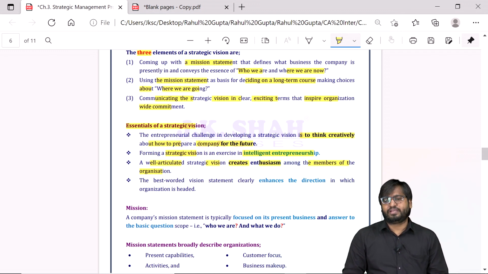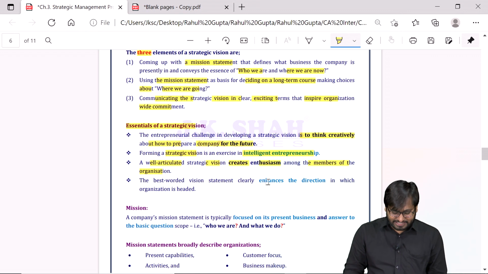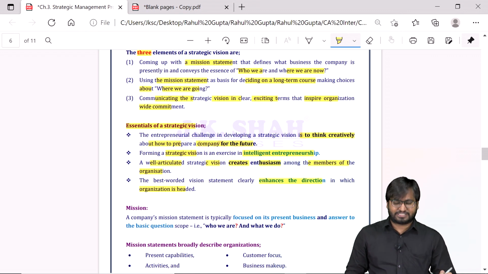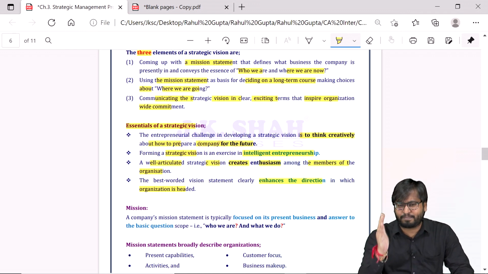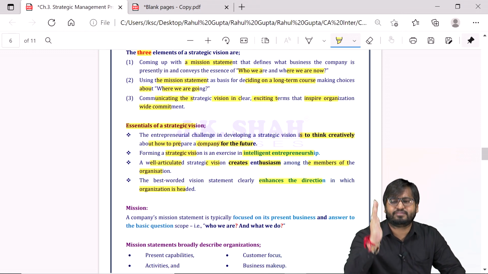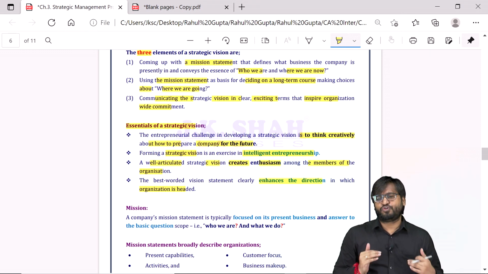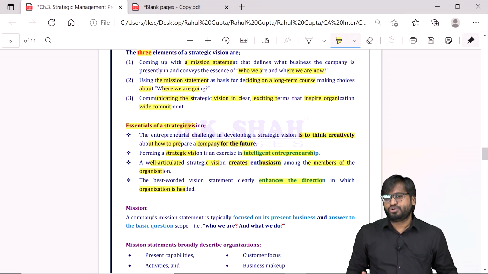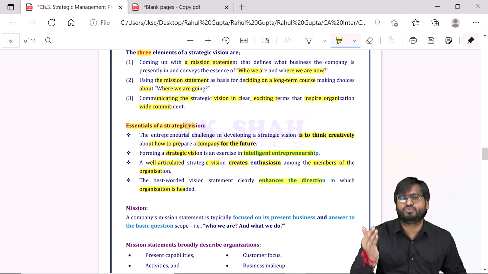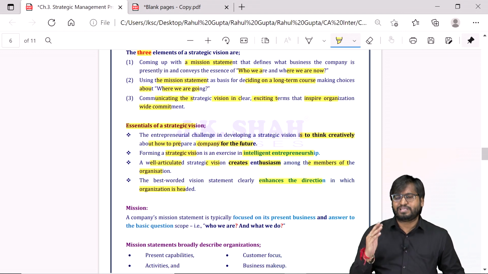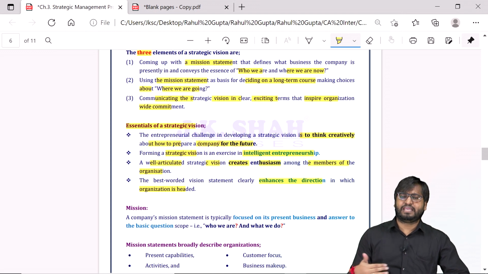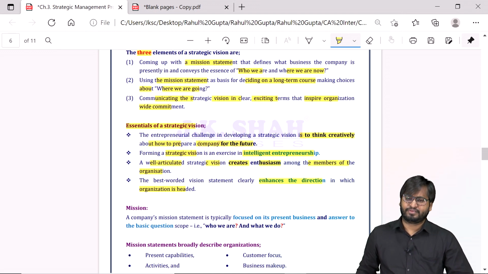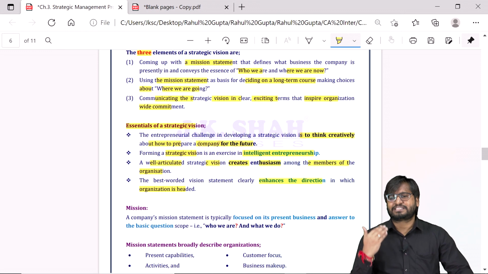The best worded vision statement clearly shows the direction in which the organization is headed. So if you have a vision, we will have a proper direction, a roadmap, and we will know where we are headed. So these are the 4 essentials. First, to think creatively about our future. Number 2, it is an exercise of intelligent entrepreneurship. Number 3, it creates enthusiasm. Number 4, it enhances the direction.